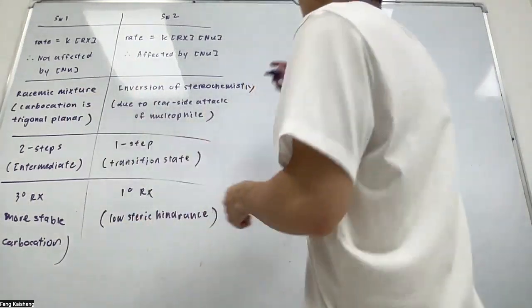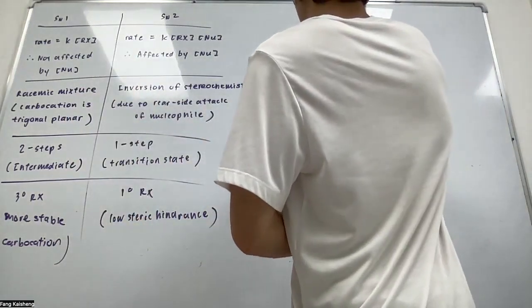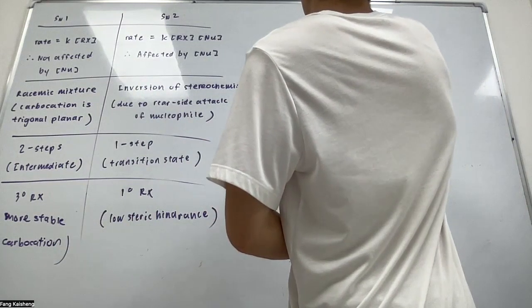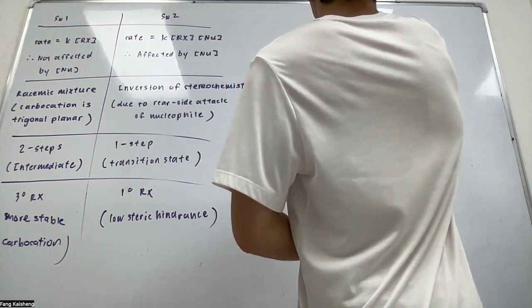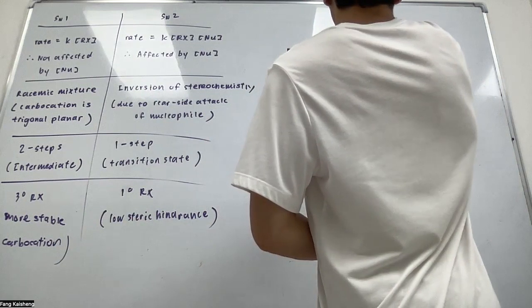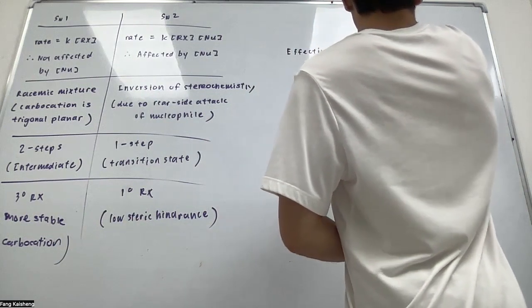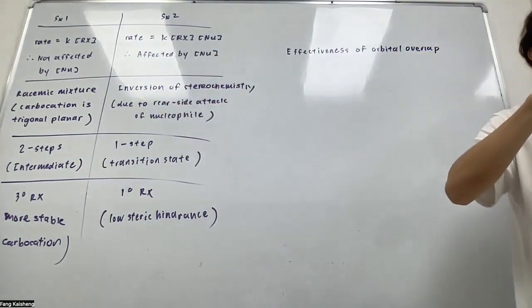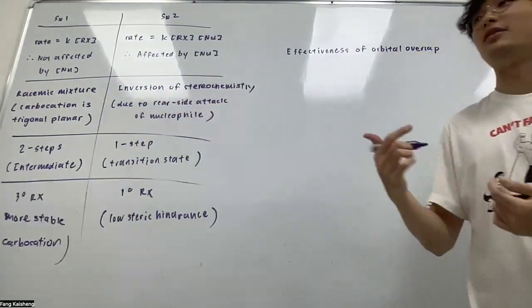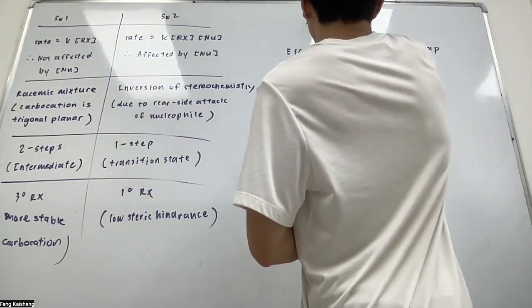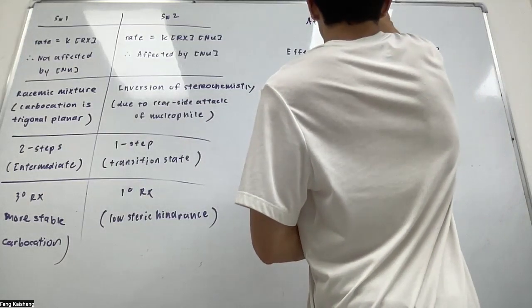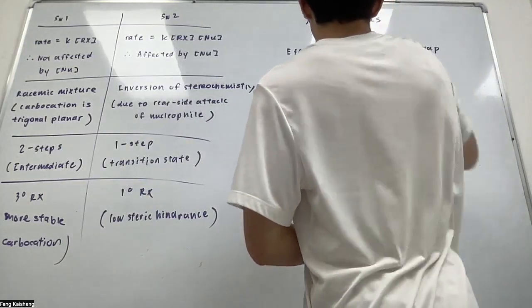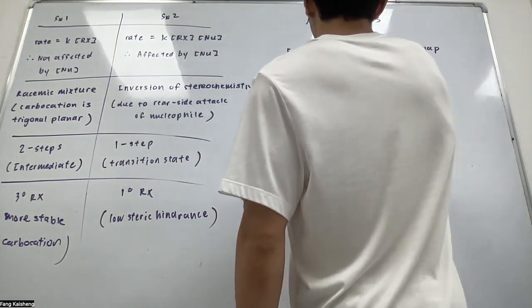Before we talk about effectiveness, how do we compare? Larger atoms overlap less, smaller atoms overlap more because they are more compact. So always look at the flow: atomic radius, then effectiveness of overlap, then bond strength.